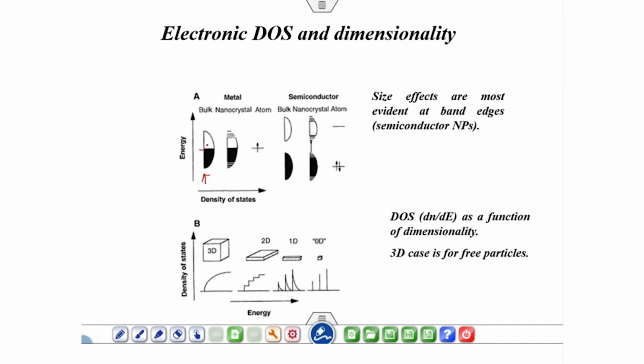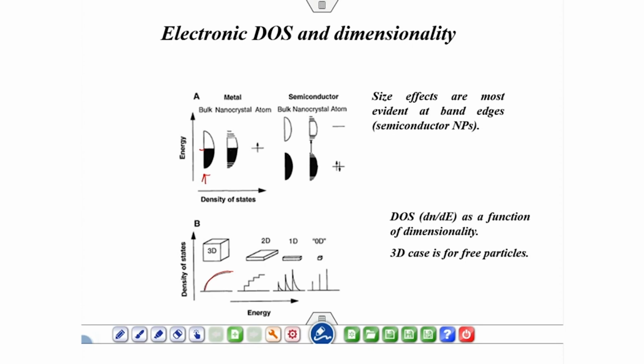Now, as you decrease the dimensionality of the material, that is, when you make a nanomaterial of it, these bands will undergo discretization. That means these bands will no longer remain continuous. As you can see here, the density of states is varying continuously with respect to the energy E, right? That is for 3D materials, in which all the dimensions are bigger than the nanoscale.